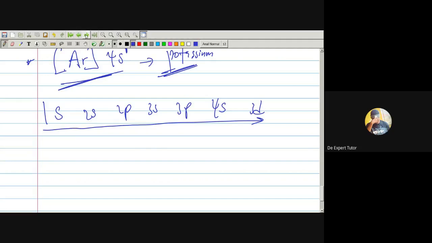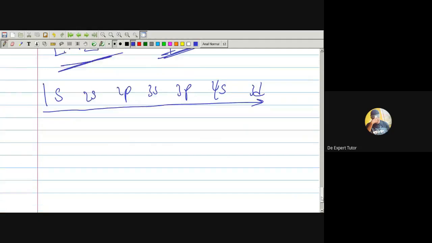So before we go, let's look at something like this. Look at this question. If I say write the electronic configuration of Al3+, of this ion.